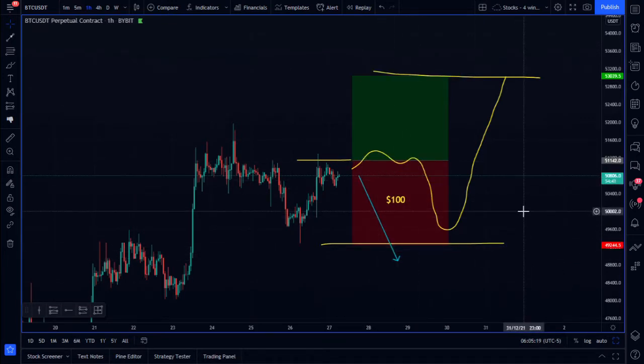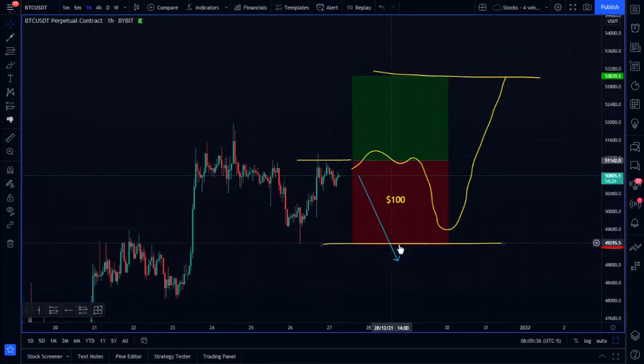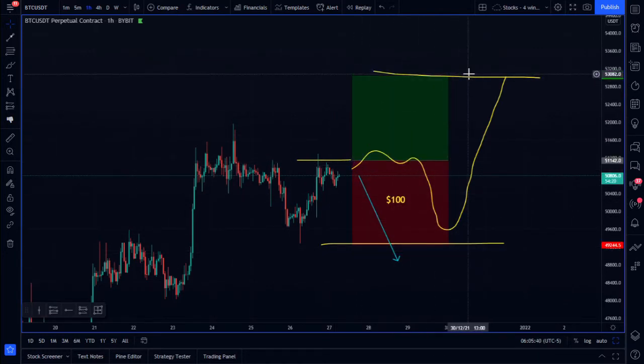So that's what we're trying to figure out. I'm prepared to lose $100, and this is the point. This is the stop loss. This is the point where it will happen. So, how many Bitcoin can we buy, or should we buy, to only risk $100 in this space in order to try and make $100 in this direction, going up?